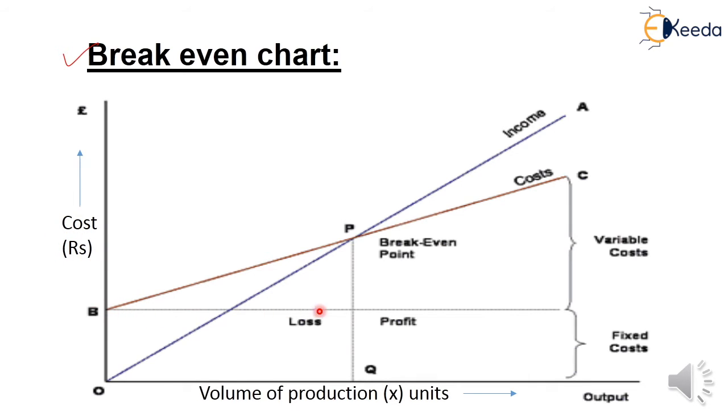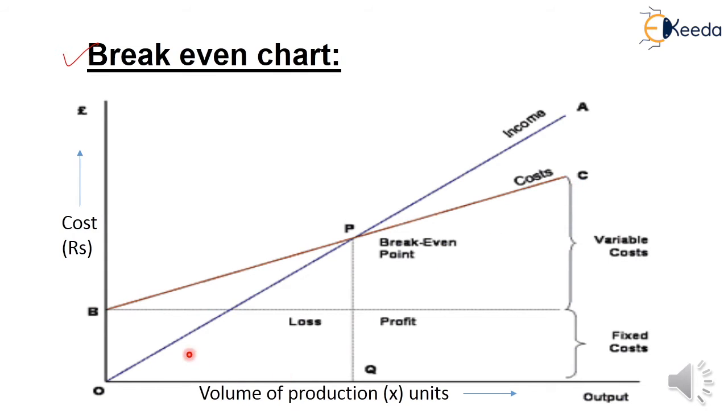This horizontal line represents the fixed cost, and this inclined line, the BC line, represents the variable cost. Fixed cost plus variable cost is nothing but the total cost, so the BC line represents the total cost.